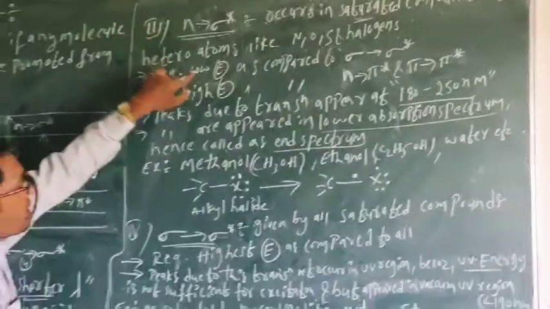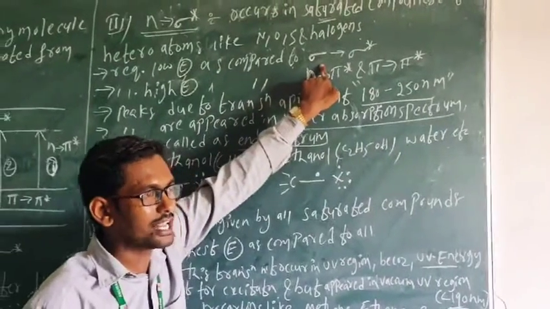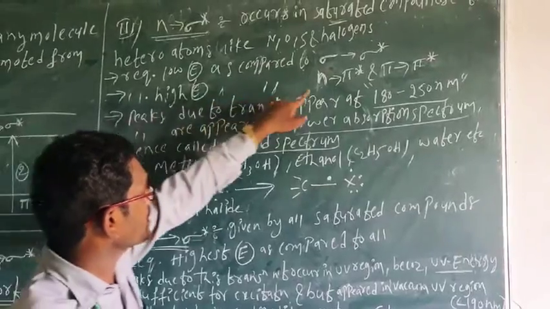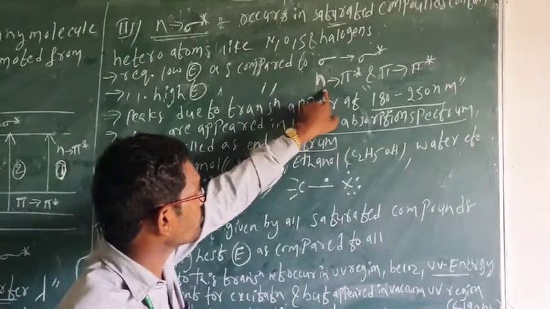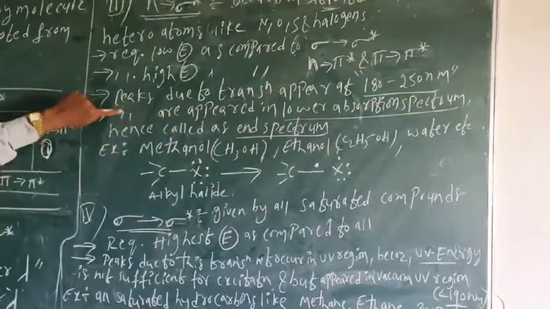This transition requires lower energy compared to the sigma to sigma star transition only, but it requires higher energy compared to the n to π* and π to π* transitions.